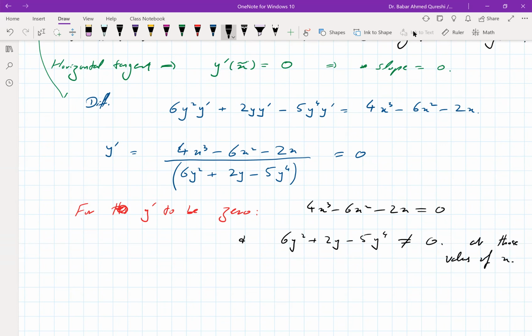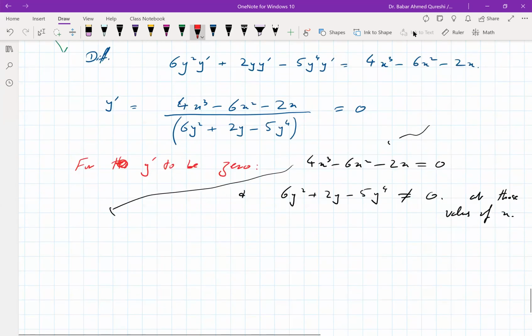So from the looks of it, I can see that I have x times 2x squared minus 3x minus 1 is 0. So it's a cubic equation. You have 3 roots, which we can try to find out.